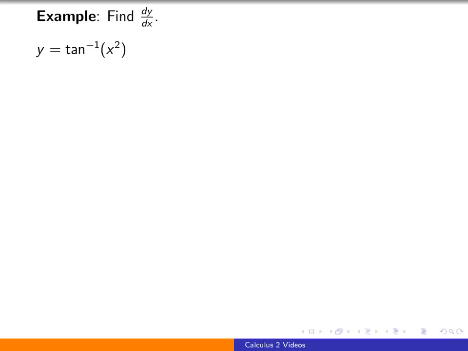For our second example, the tangent inverse of x squared. Note, the tangent to the minus 1, for us, that's never going to be 1 over tangent. It's always going to be the inverse of tangent. So similarly, let's remind ourselves, the derivative of arctangent, tangent to the minus 1, is 1 over 1 plus x squared. Once again, this is a composition.